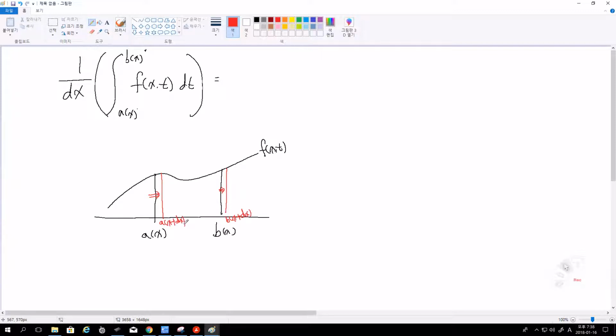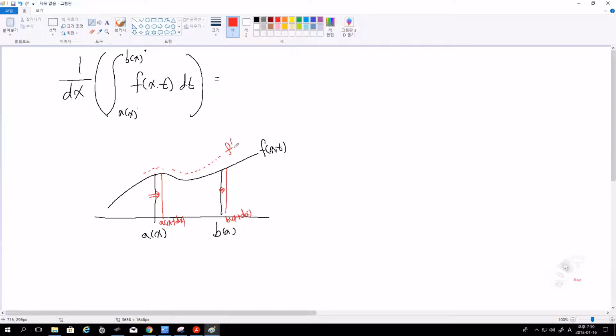And then of course, another thing is that when x changes, this entire curve also changes, right? So this entire curve moves. Okay. Let me say maybe something like this one.